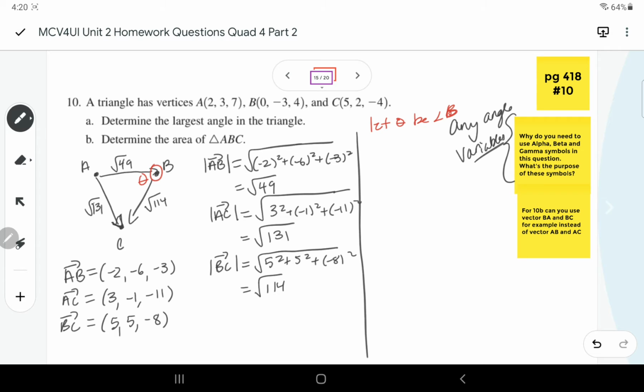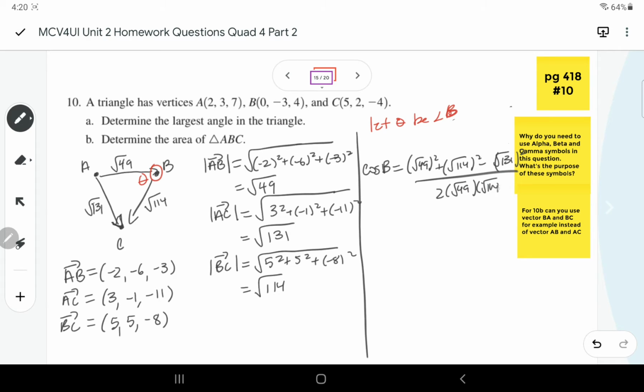So we would know that cos B is going to be root 49 squared plus root 114 squared minus root 131 squared, over 2 times root 49 times root 114.